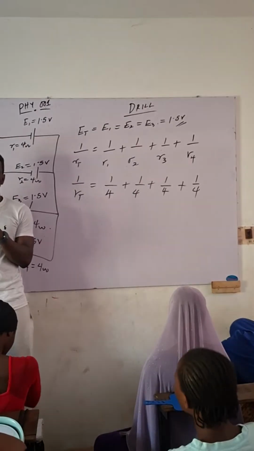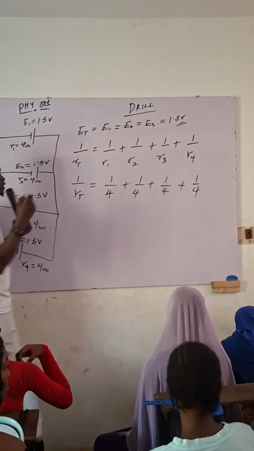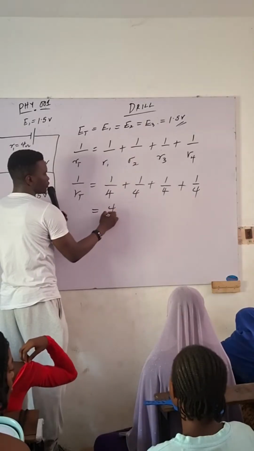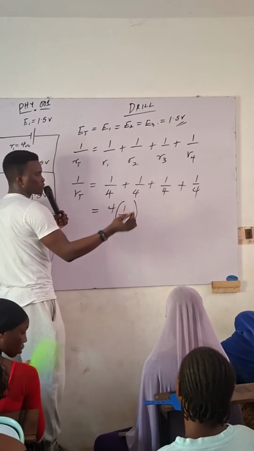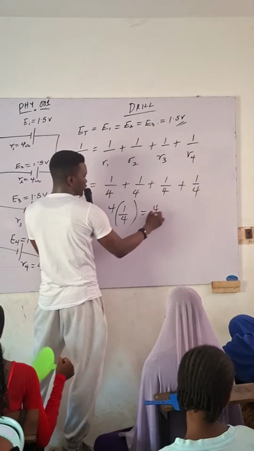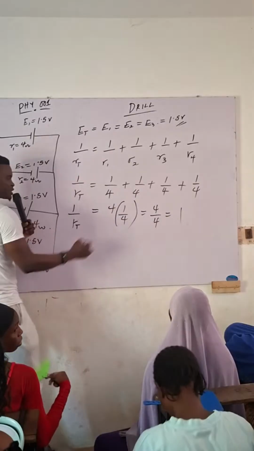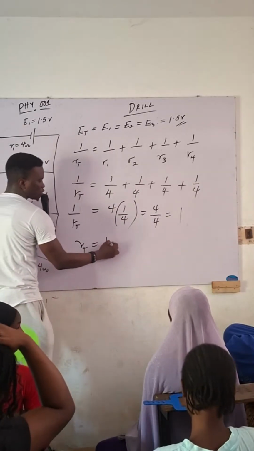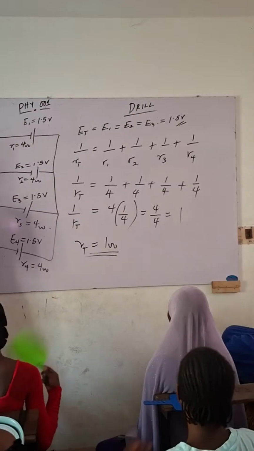So 1 over R total is 4 over 4, which is 1. If you cross multiply, R total is going to be 1 ohm. And that's how we got 1. Is that okay now?